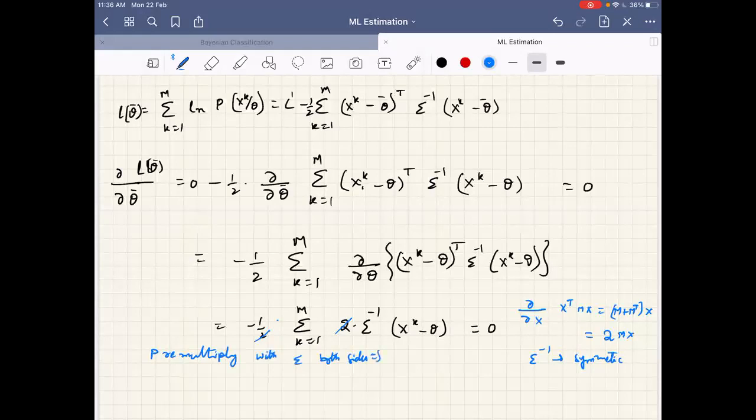So the negative sign and all can be knocked off. Summation k equal to 1 to m of xk minus theta is equal to 0. This implies theta bar is equal to what?